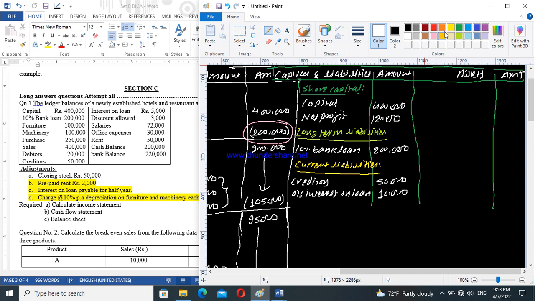Asset side. Fixed assets, fixed assets we have furniture.